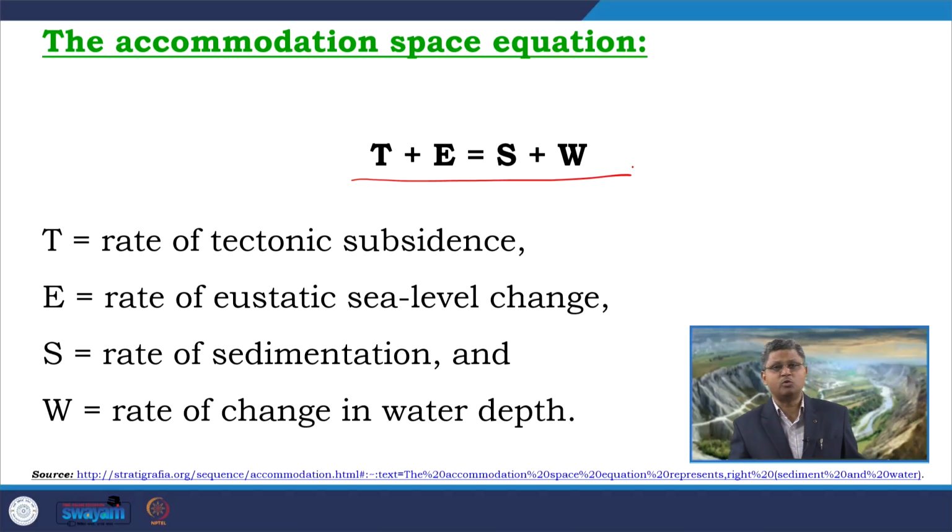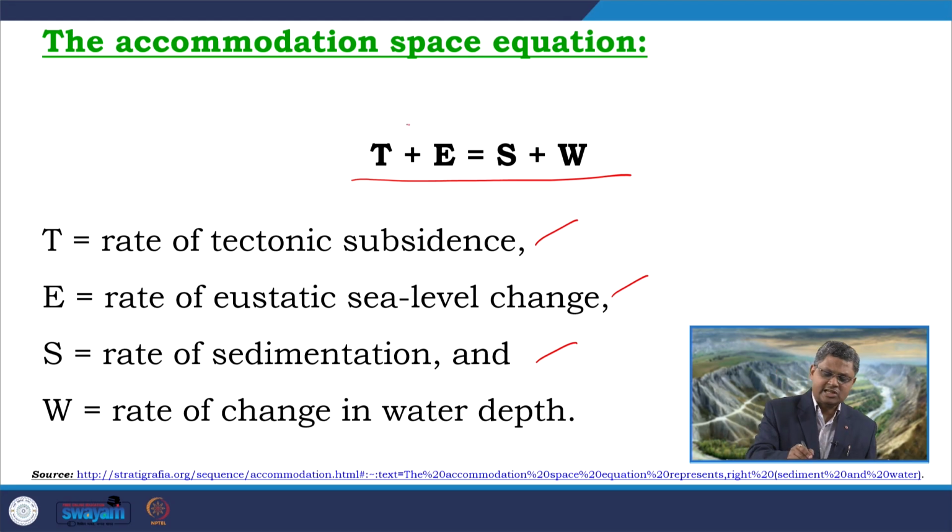So, commonly we represent this complex relationship between creation of accommodation and its consumption using a very basic fundamental equation: T plus E equals S plus W, where T is the rate of tectonic subsidence, E is the rate of eustatic sea level change, S is the rate of sedimentation, and W is the rate of change in the water depth.